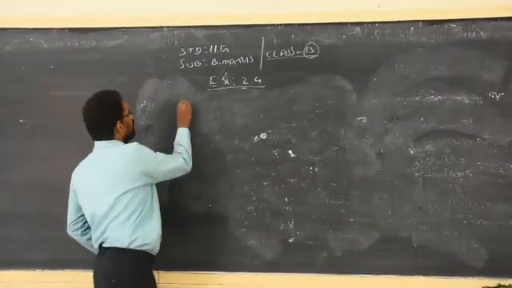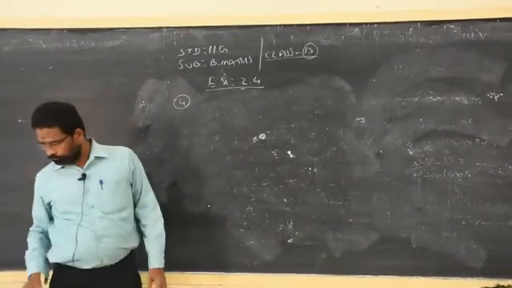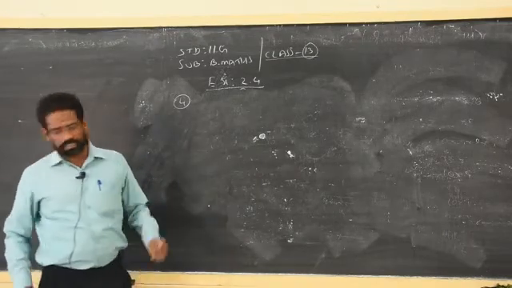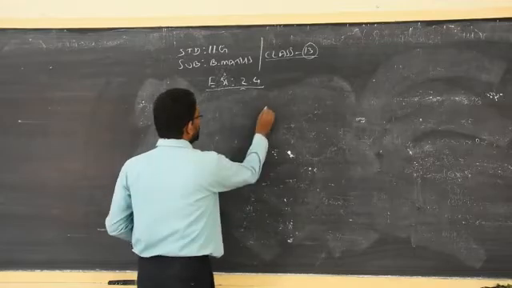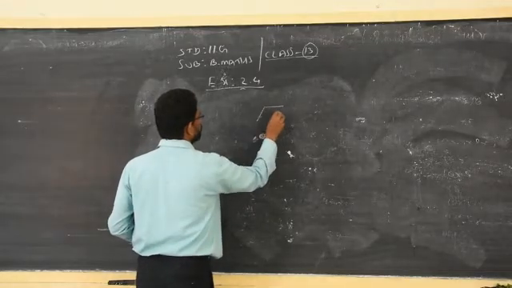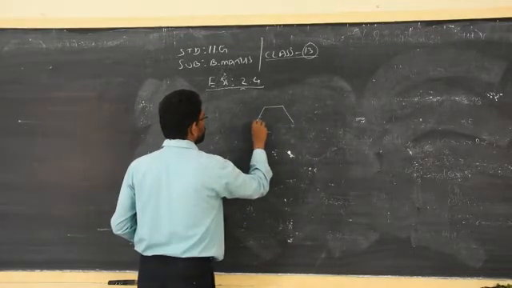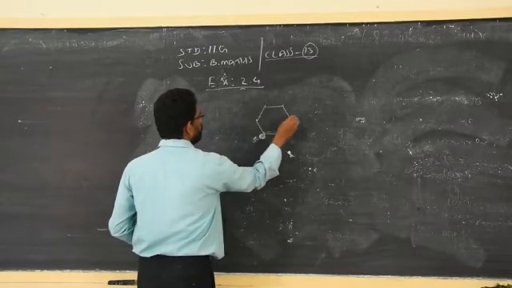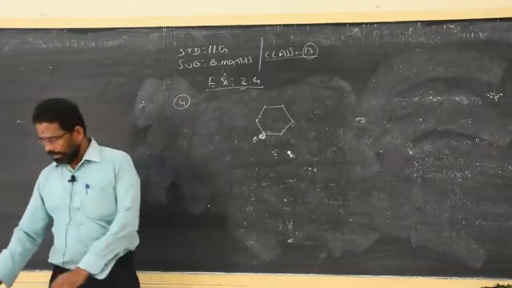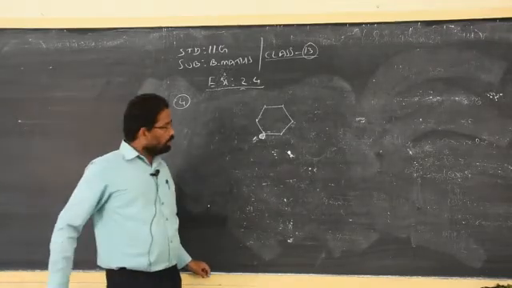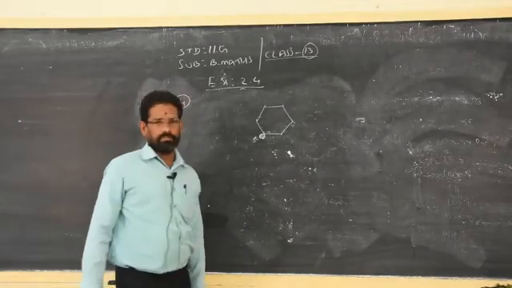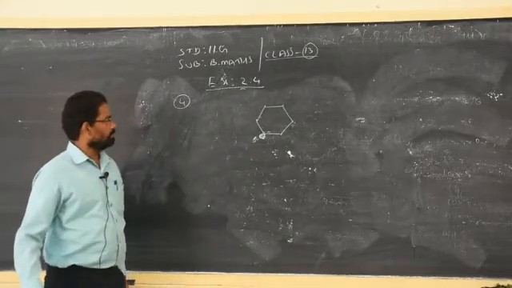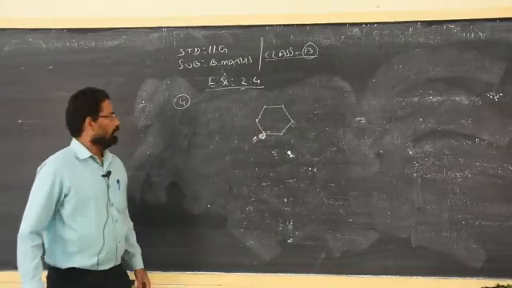So, how many triangles can be formed by joining the vertices of a hexagon? So, hexagon means what? One, two, three, four, five, 6. So, a hexagon consists of how many vertices? 6 vertices. This is called a hexagon.